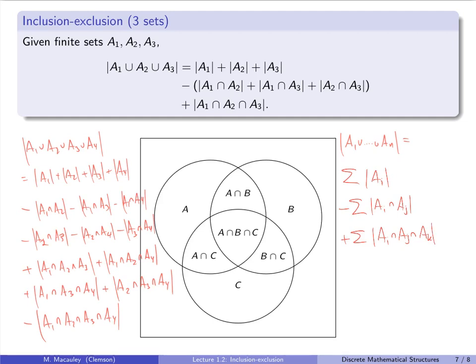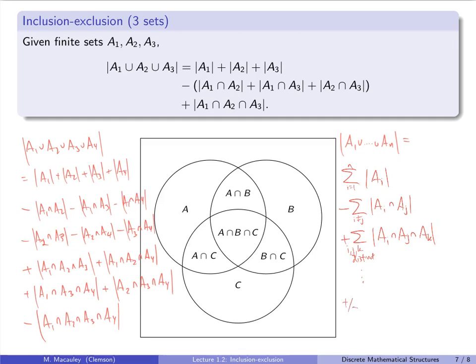So maybe I should write i equals 1 to n. I should write i is different than j, and I can write i, j, k distinct. And then dot, dot, dot, plus, minus.